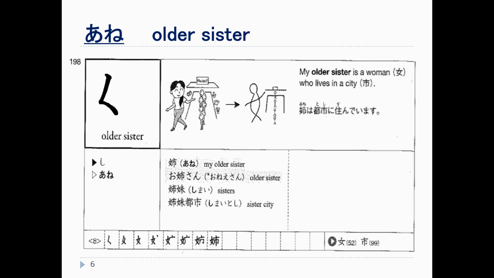Once more, 1 through 8 with the hook. So this is ane, or the ne in oneesan.